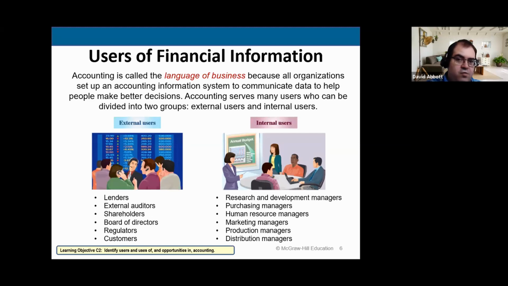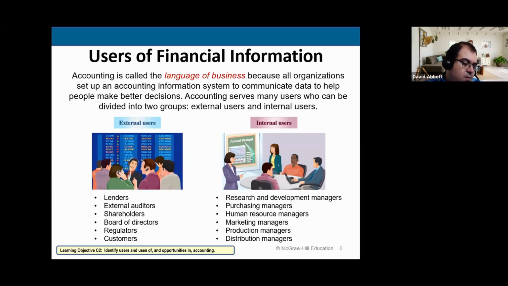External users are people like lenders, external auditors, shareholders, which are people that own stock or ownership in a company, the board of directors, which are the people that oversee the company, regulators, and customers. External users have limited access to an organization's information, yet their business decisions depend on information that is reliable, relevant, and comparable.